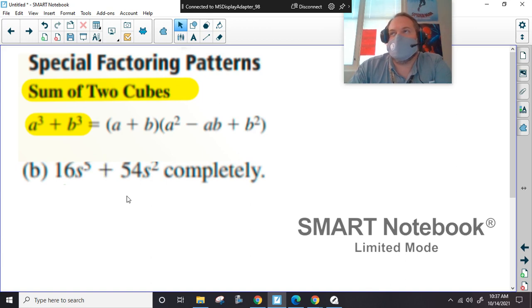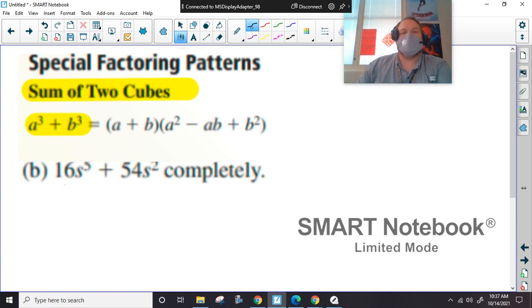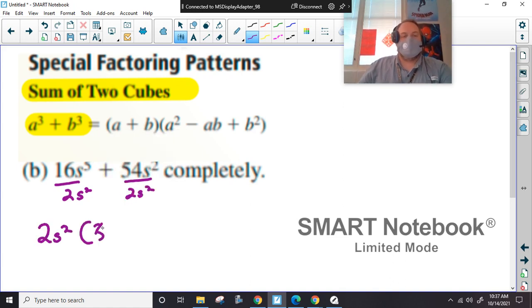There's a reason why, because I'm seeing something y'all aren't. If we divide 2s squared out, then we would have 2s squared times, oh no, that messed up.